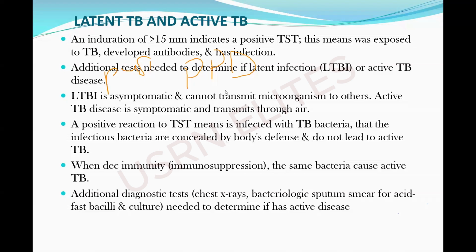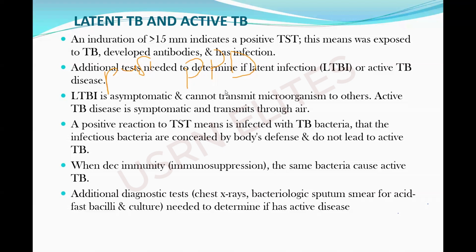An induration of 10 millimeters or more, if you get that and you are a health worker, it means you are positive. If you are an immigrant and you get 10 millimeters or more, you're also positive. And if you've been exposed to countries which have high risk, you are also positive when you get 10 or more.